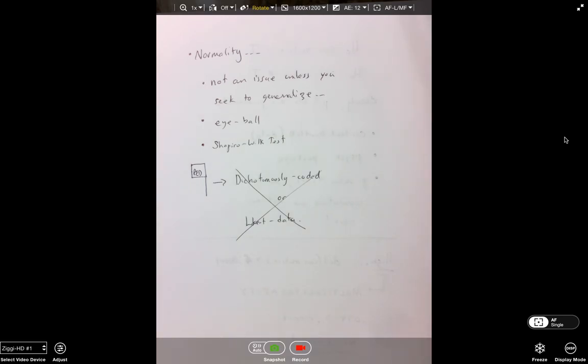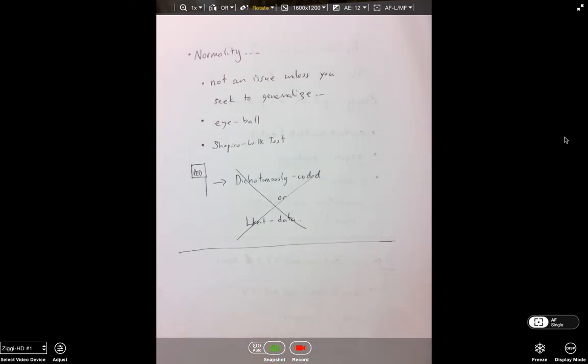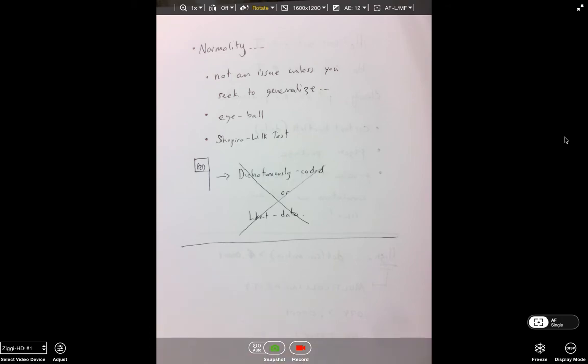So that's something you'd really need to address if you're using factor analysis or principal component analysis with that type of data.